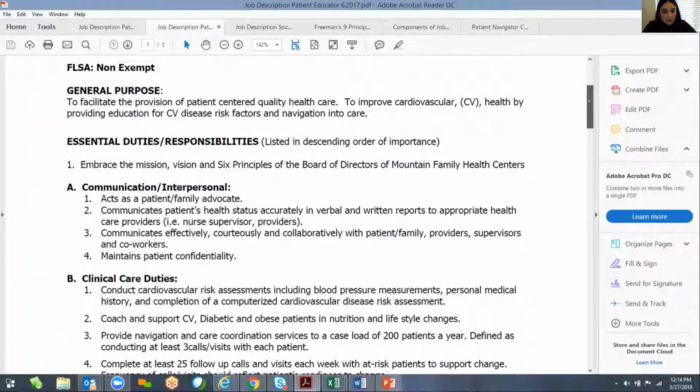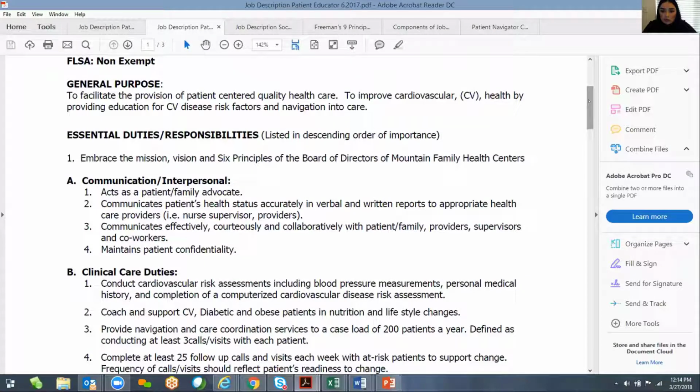And this is where we started getting a little bit more organized and streamlined about, okay, what other things have we identified that come up during our patient navigation for health education that we conduct or provide that hasn't been put into writing.